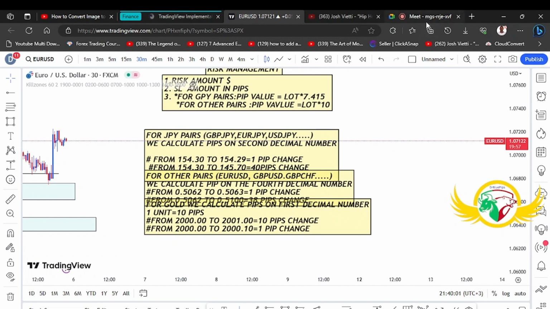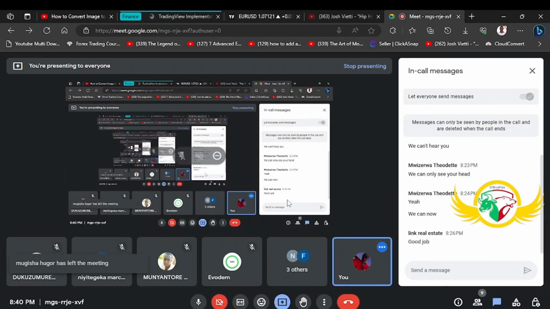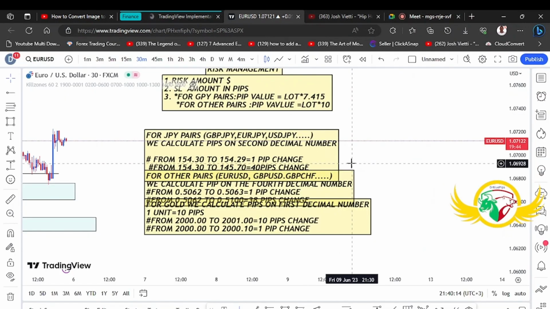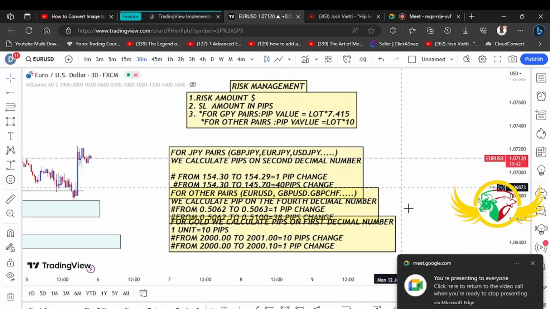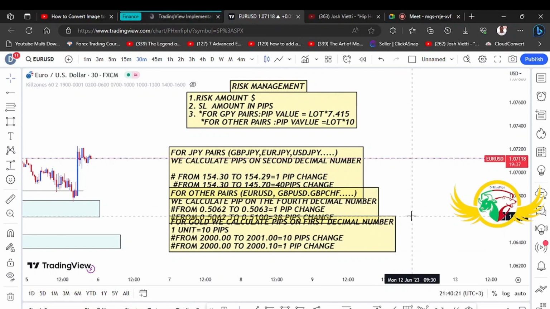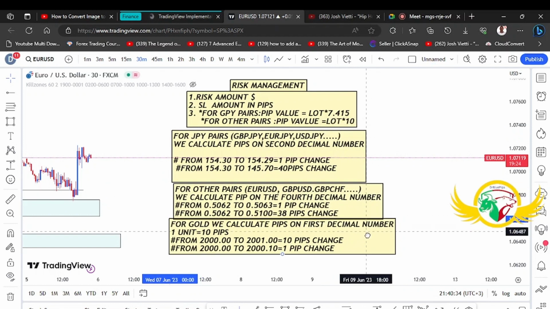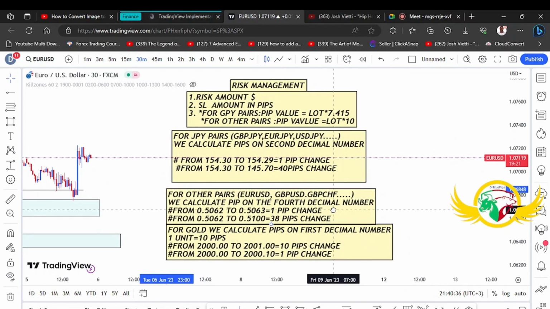Is it clear, guys? Is it clear? It's clear, boss. Okay. Now that you know how to calculate pips, we are going to go back to our main purpose of this Zoom.